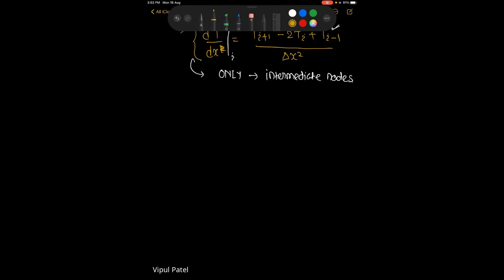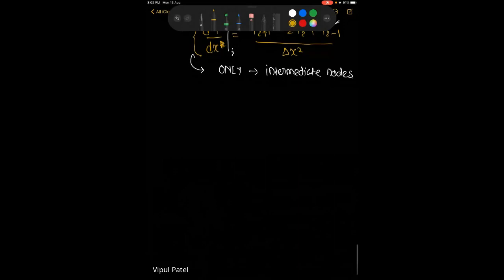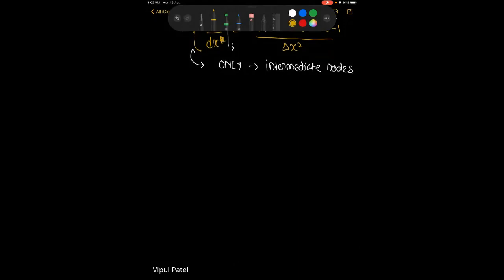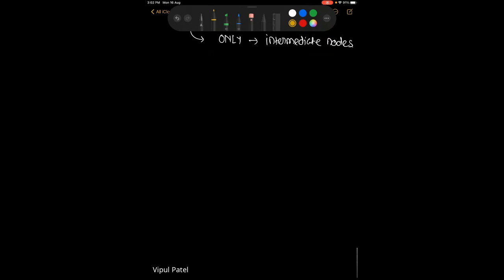Okay, so let us talk about forward difference approximation. For example, this is our domain. I'm just recalling what we have studied so far, and we will utilize that formulation for the upcoming thing. Let's suppose this is our one dimensional domain.